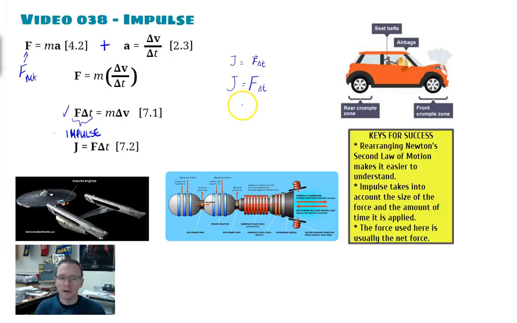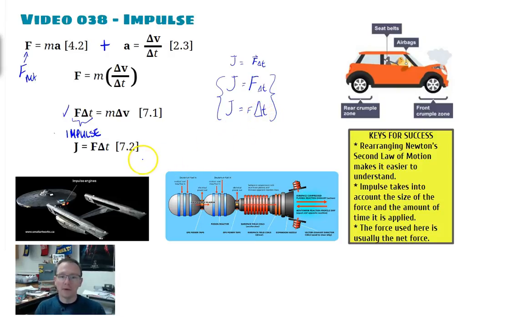And finally, if I apply a small force over a very large period of time, I can also end up with a large impulse. So you notice that there are actually two ways to get a large impulse. You can either use a large force, or you can apply it for a large period of time.